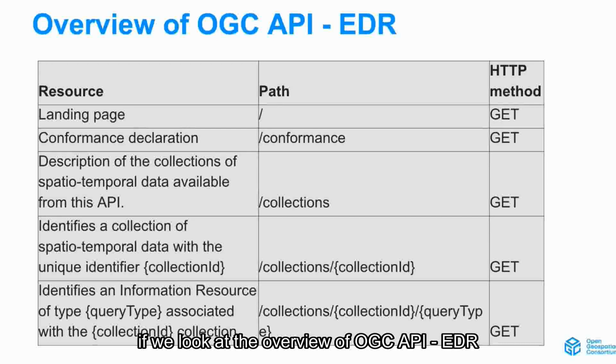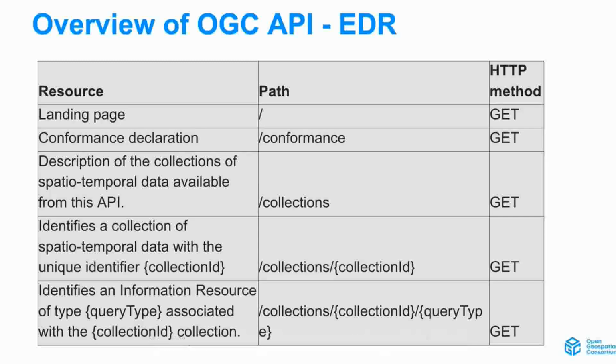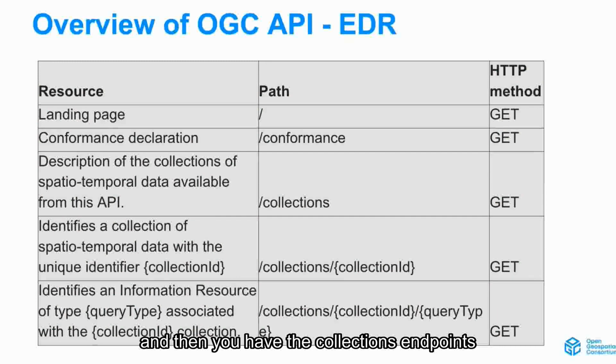If we look at the overview of OGC API EDR, you will find again some endpoints that are familiar from the previous example. So you have the landing page where it all starts. Then you have the conformance declaration, and then you have the collections endpoints.